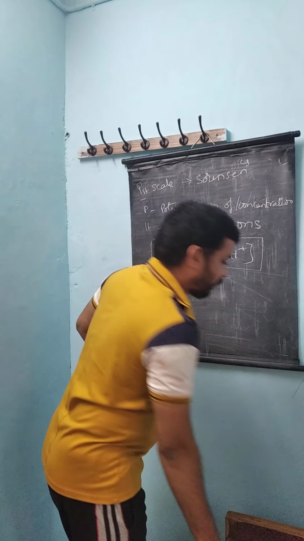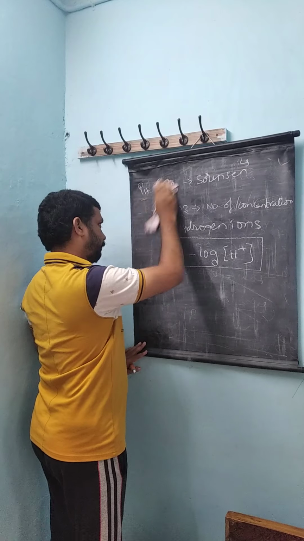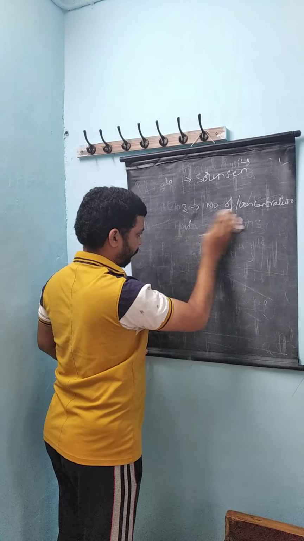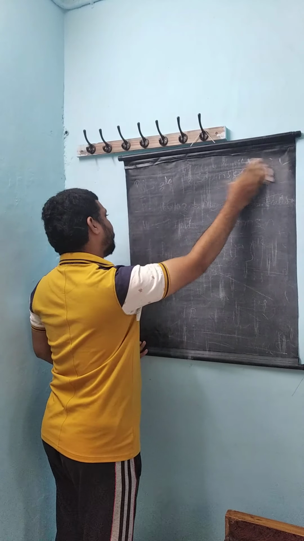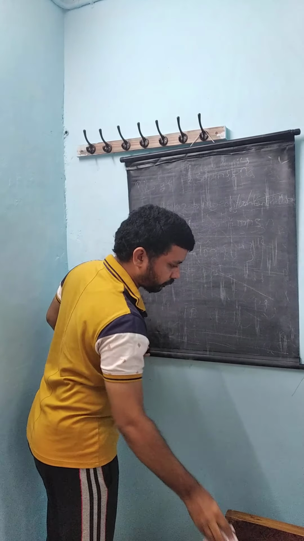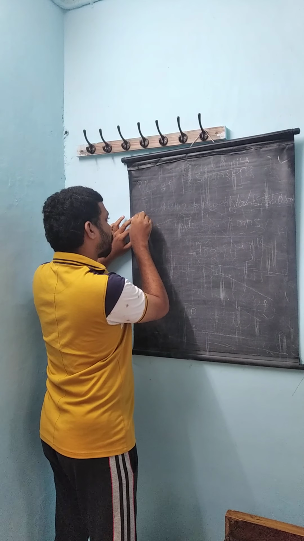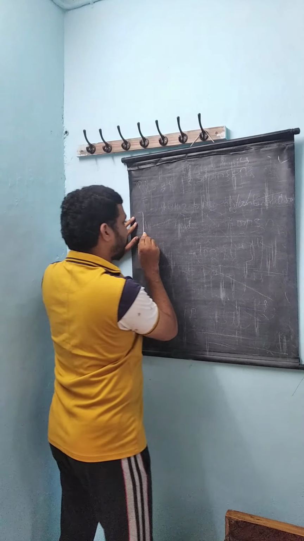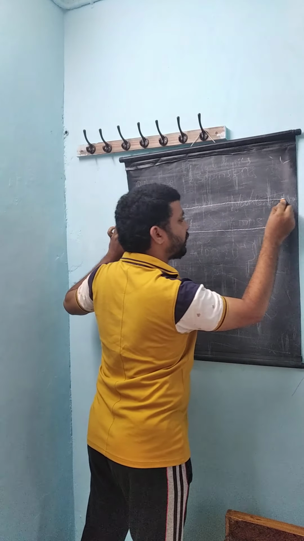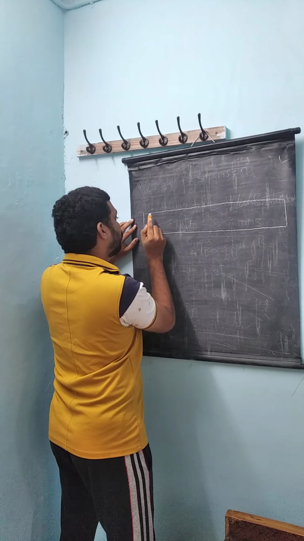Now let's discuss the pH scale. The pH scale consists of numerical values from 0 to 14.